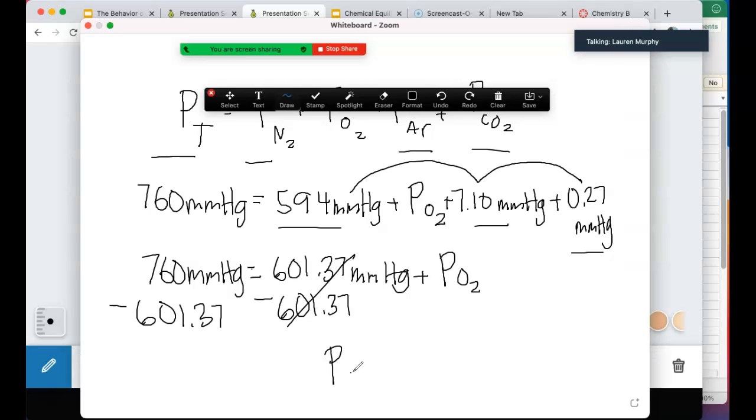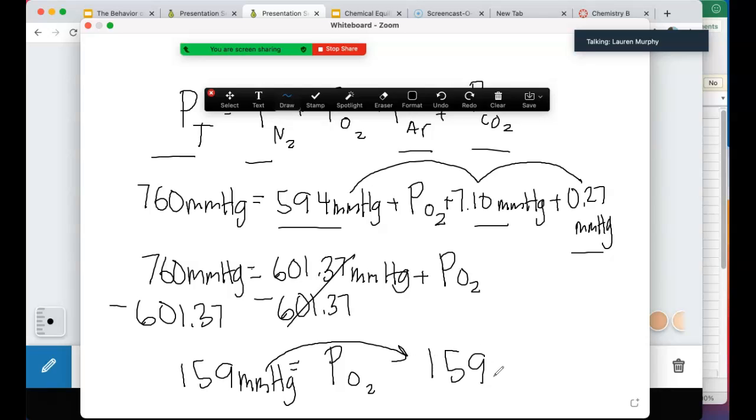So the partial pressure of oxygen gas is 159 millimeters of mercury, which would be the same thing. I know it's been a while, but this would be the same thing as 159 torr. Remember, these 2 units mean the same thing. This is the actual measurement because they measured it with like a legit ruler, and this is the scientist Torricelli who did it.